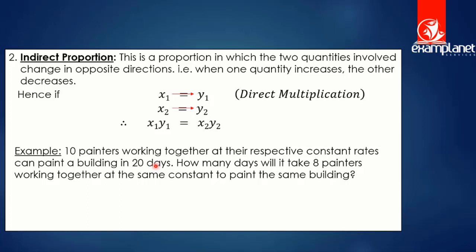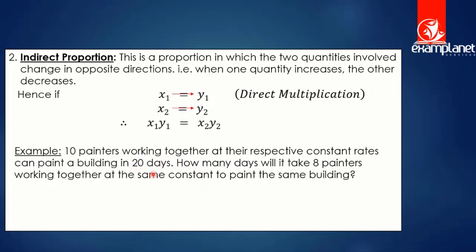Definitely you will need more days to complete your task. So reducing the number of painters from 10 to 8 means the number of days will have to increase. A decrease in the number of painters will cause an increase in the duration of the project. Therefore, we have an indirect proportion. Increase in one causes a decrease in the other, and decrease in one causes an increase in the other.